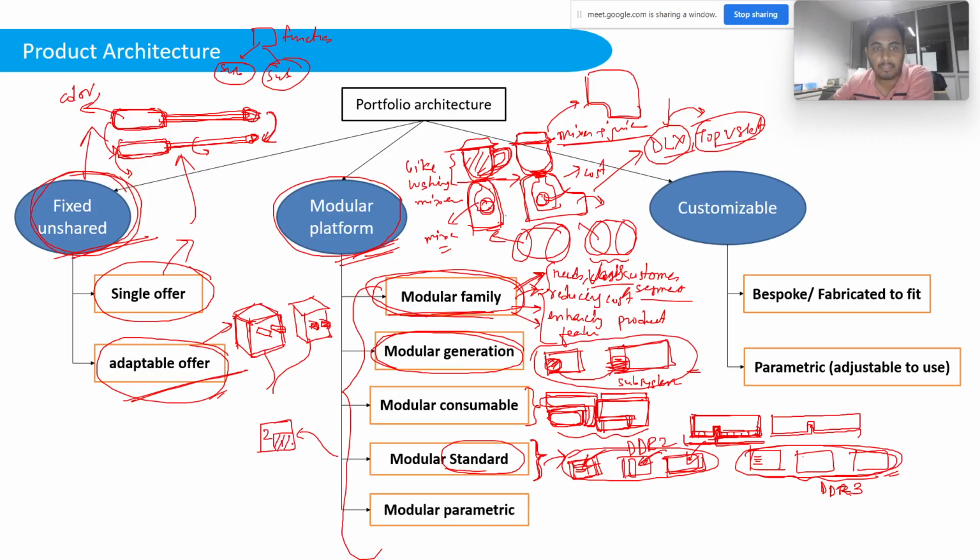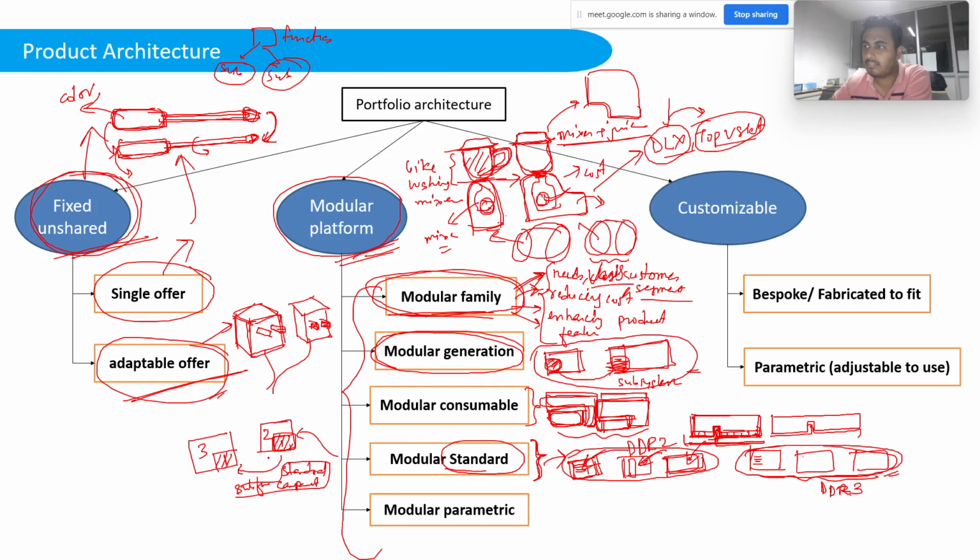Let's say component one is a modular component and you carry it forward. Now this has three parts, but one is common, then these are modular. If this one is a standard component or sub-function, then it is called modular standard.